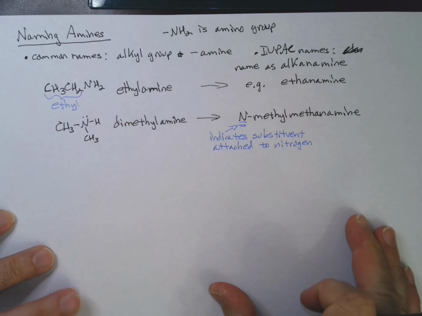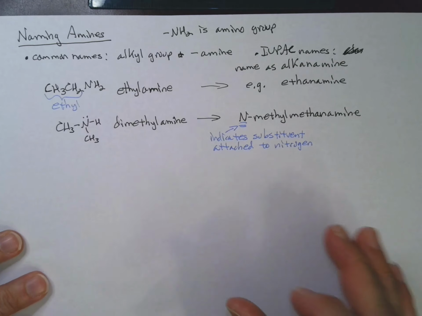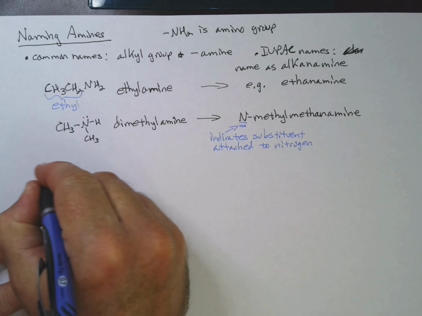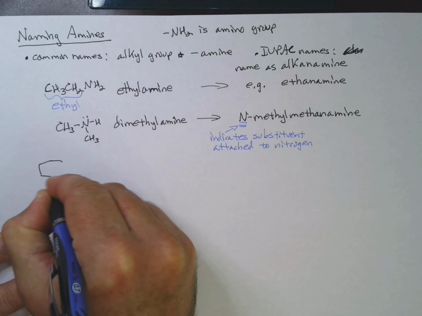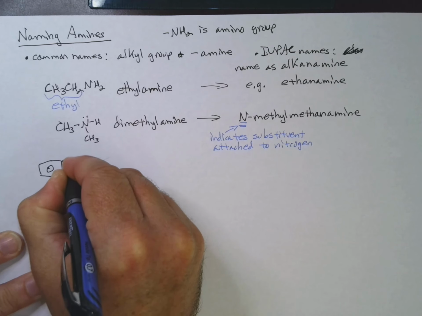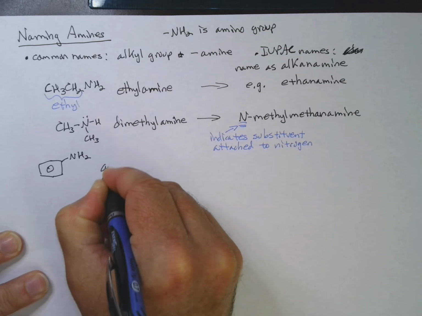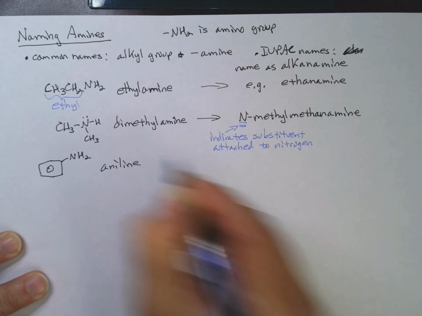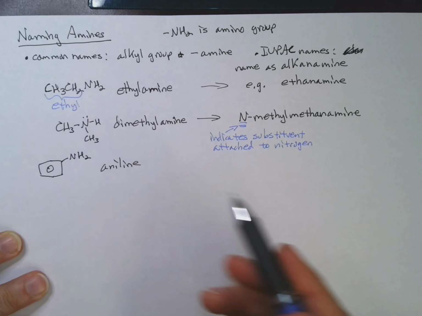Now there are other common names. So for example, some of the aromatic amines are derivatives of aniline, which we would also call aminobenzene.